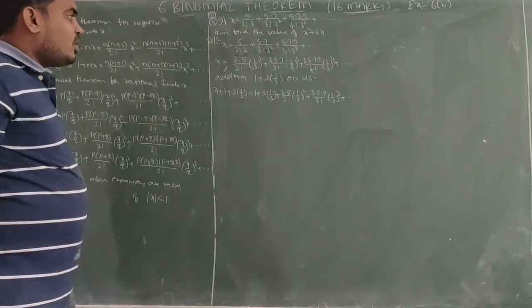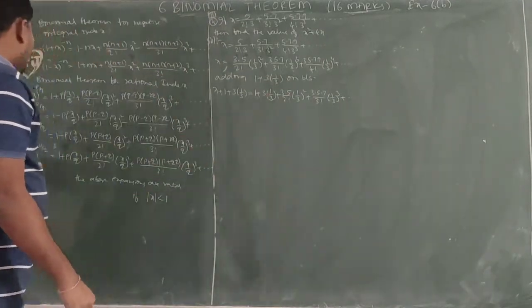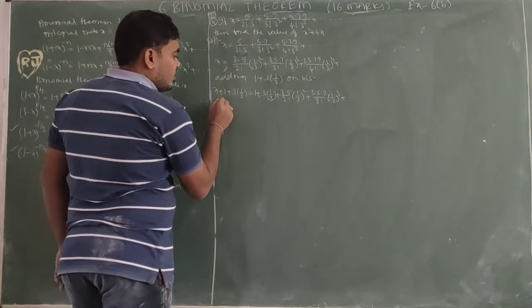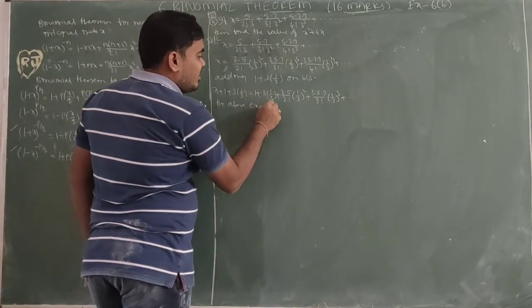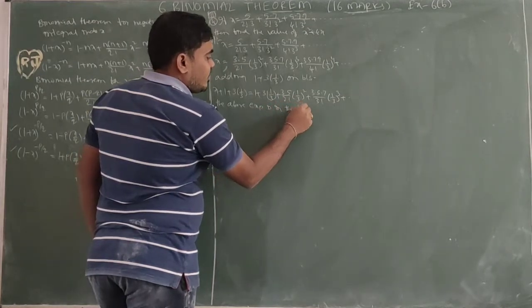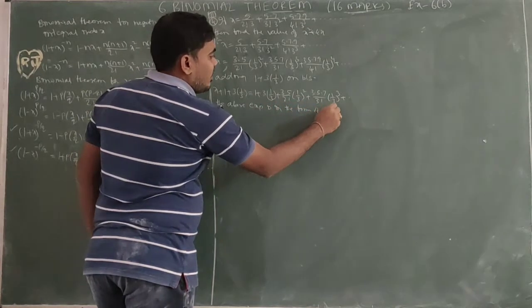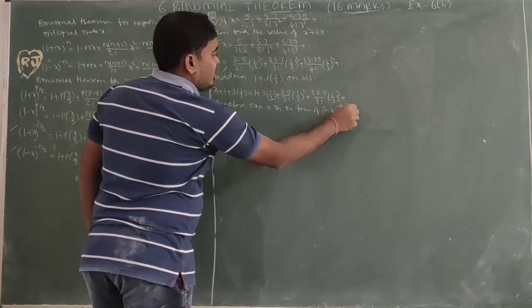Okay. Now this expansion is in the form of 1 minus x whole power minus p by q.